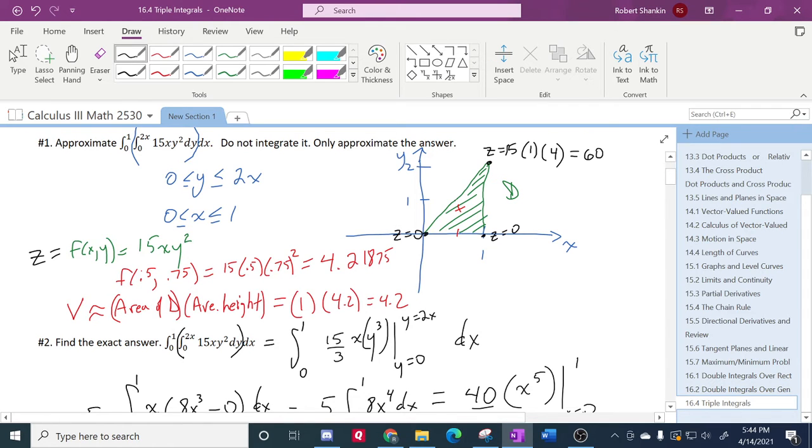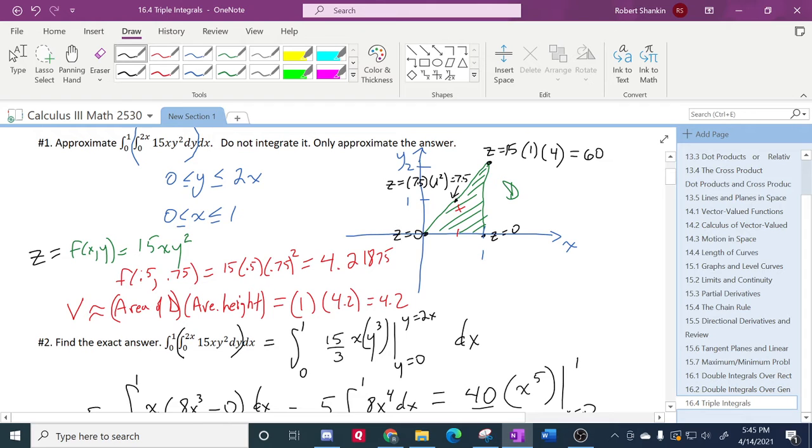And then let's take one more point over here. And that looks like it's going to be 1/2 and 1. If you plug in 0.5, you're going to get z equals 0.5 times 15, that's 7.5, times y squared, which is 1 squared, which is 7.5.